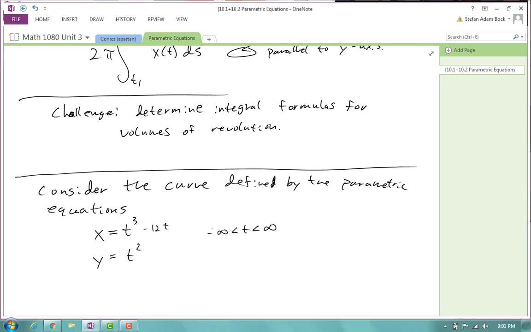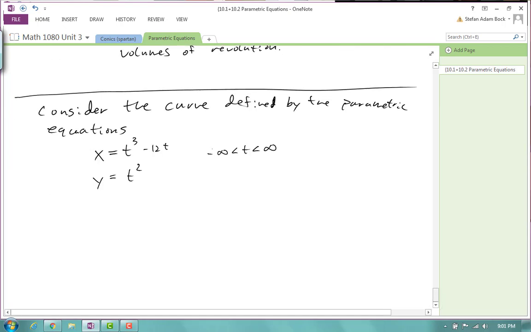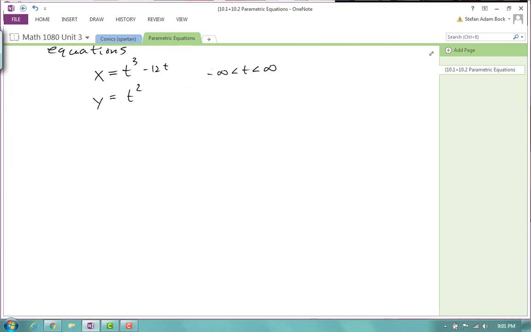So we want to consider the curve defined by the parametric equations x equal to t cubed minus 12t and y equal to t squared. And that's for all t values. So first what I'd like to do is draw a sketch of this, because I need a picture of what I'm looking at to determine whether or not I'm doing some of the later work correctly at all.